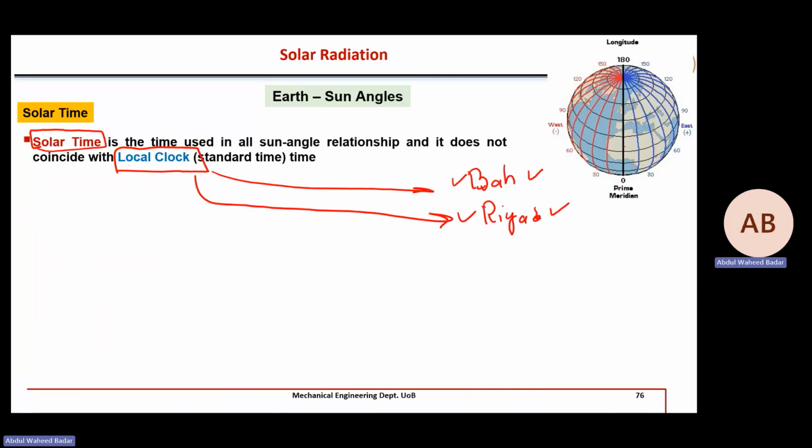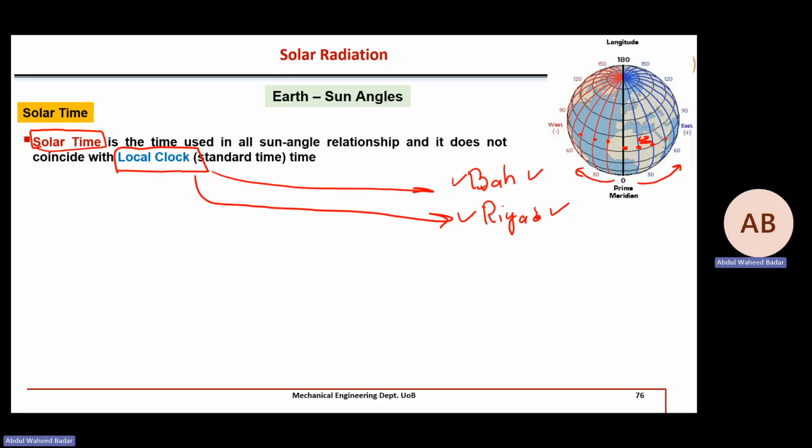For example, on this figure, you see these blue lines are longitude lines, and the red ones are also longitudinal lines, in this direction towards the east, and that is towards the west. So normally in this region, we use the same clock time, but in this entire region, the solar time will not be the same.